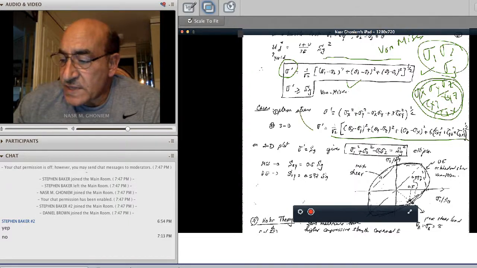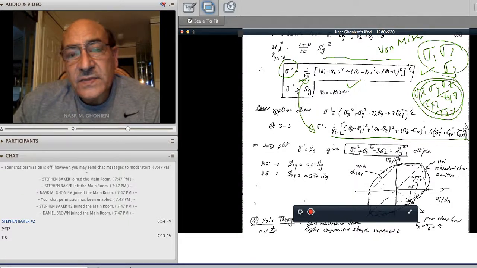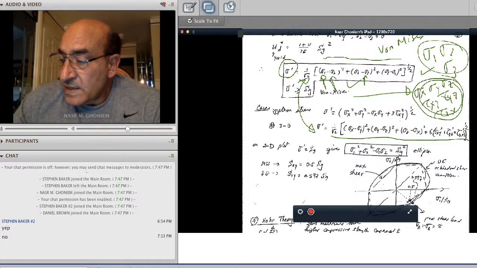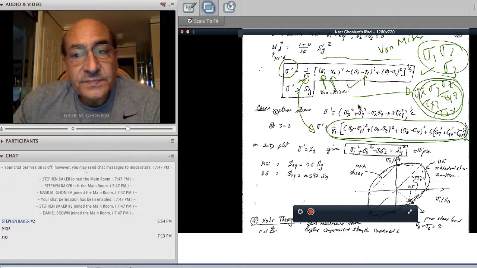So it gives you the same magnitude as if you knew the principal stresses. In other words, if I substitute for sigma 1, sigma 2, sigma 3 from the values of x, y, z, then what I would get is this formula. Is that clear?